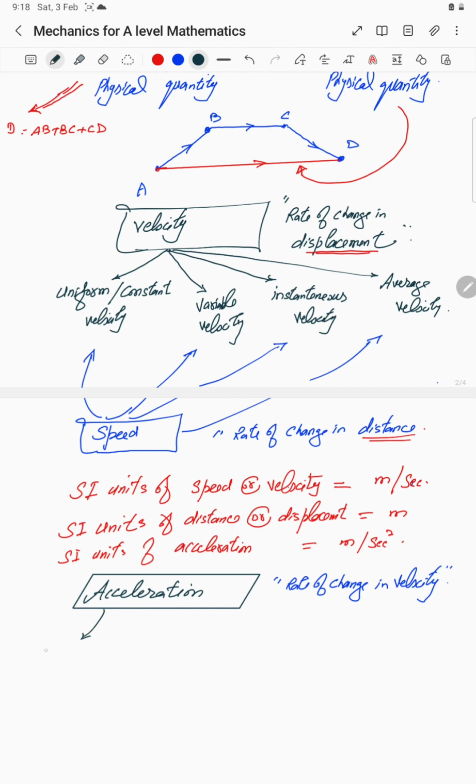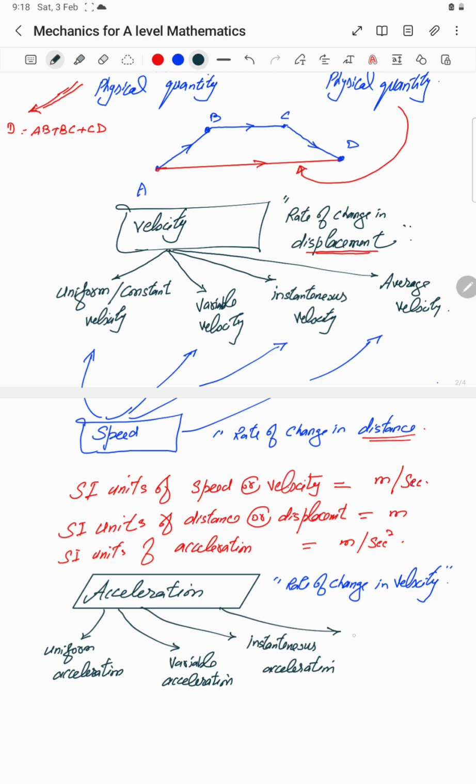It can be a uniform acceleration, which means constant acceleration. Then it can be variable, instantaneous, and finally the average acceleration.